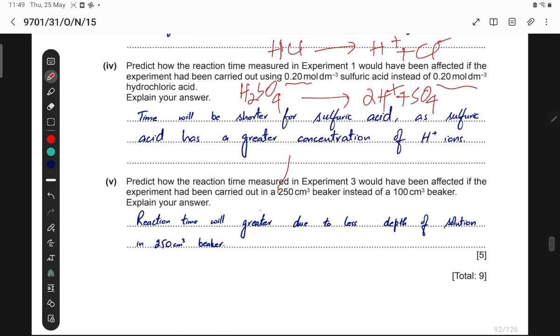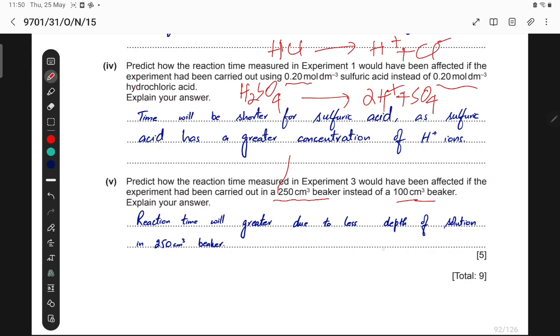Predict how the reaction time measured in experiment 3 would have been affected if the experiment had been carried out in a 250 cm cube beaker instead of a 100 cm cube beaker. Explain your answer. Reaction time will be greater due to less depth of solution in the 250 cm cube beaker.